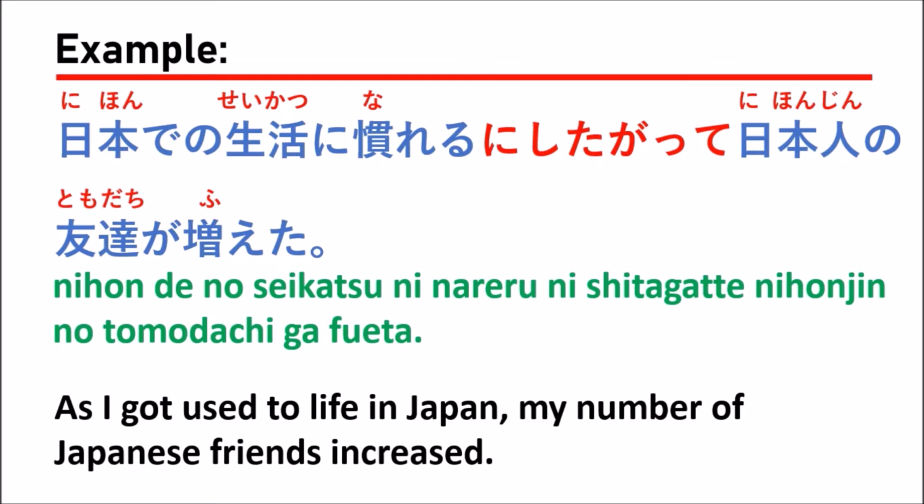For this sentence, nareru means I get used to, right? We just learned about nareru a moment ago in this video clip. And nareru is a verb in the dictionary form, right? Naremasu is the masu form, and the dictionary form is nareru.